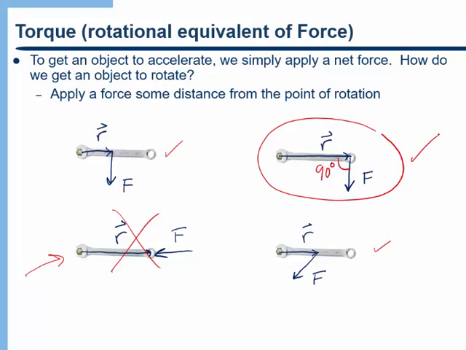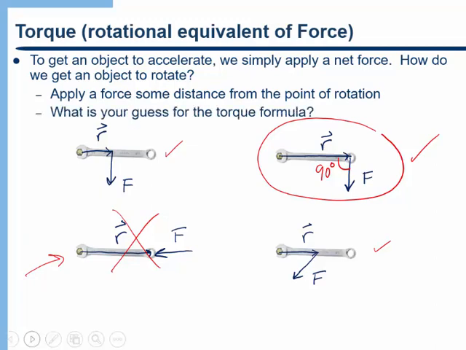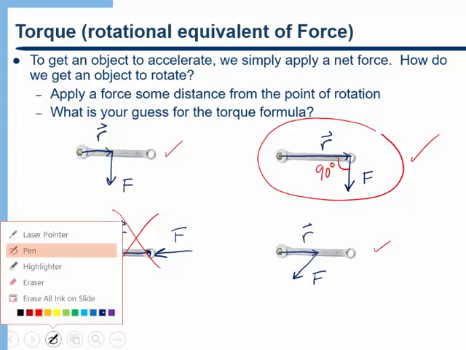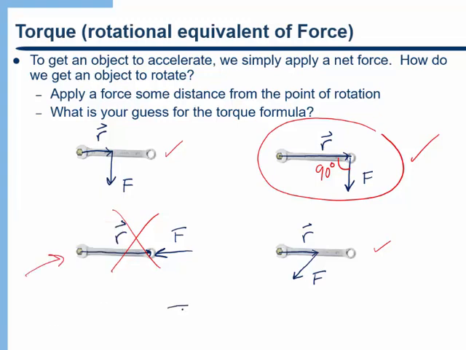If you've never seen the torque formula before, see if you can guess what the formula would be. Well, if you guessed that the torque is equal to r F sine theta, you've guessed correctly.